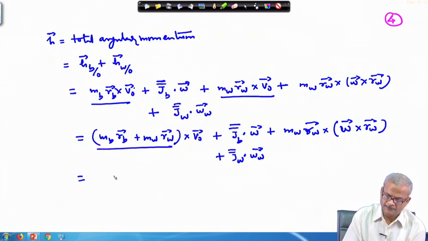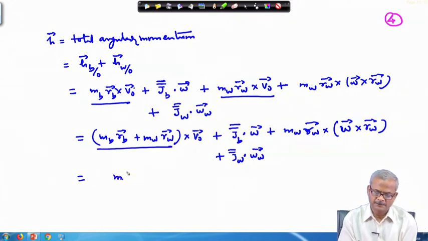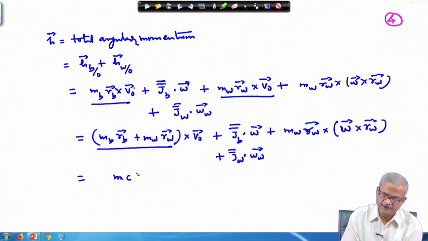This is the total mass m, and then the center of mass of the whole system.